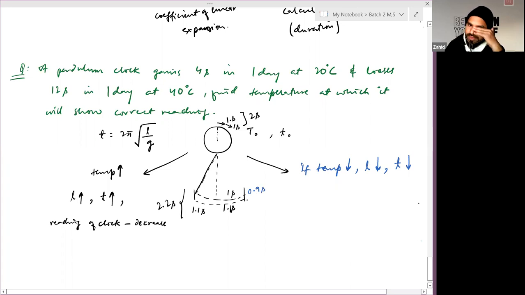And similarly, on returning back, it will take 0.9 second. So in total, actual duration of time would be 1.8 seconds. But for this entire period, clock will read just 2 seconds, since reading of clock depends upon oscillation, or going from this end to this end only. So in this case, we can say reading of clock increases. Is it clear?